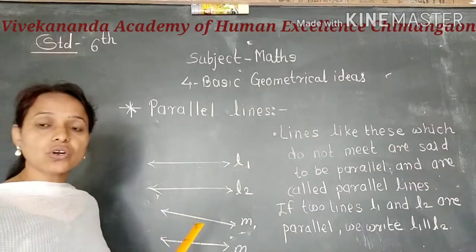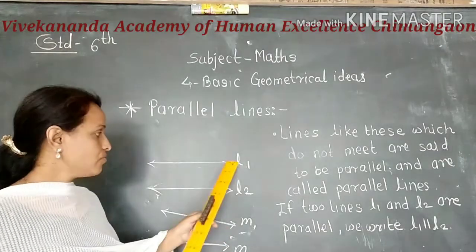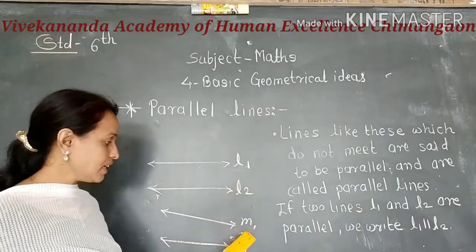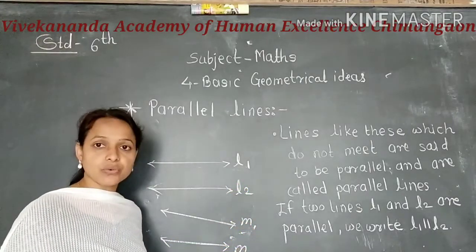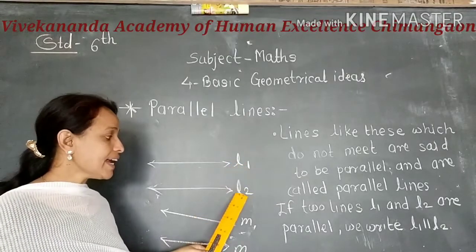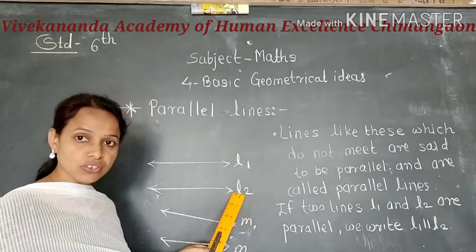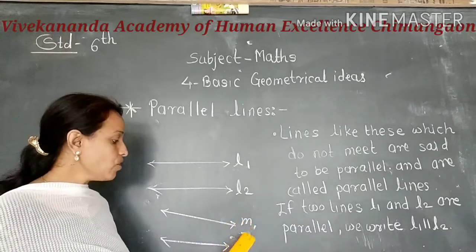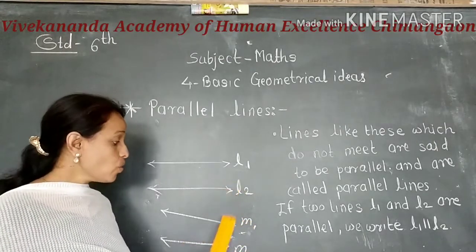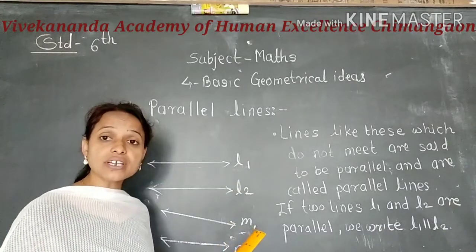Here I have drawn two pairs of lines. First, lines L1 and L2, and another pair, M1 and M2. From these two figures, lines L1 and L2 are parallel to each other, but lines M1 and M2 are not parallel to each other, even though neither pair of lines intersects.